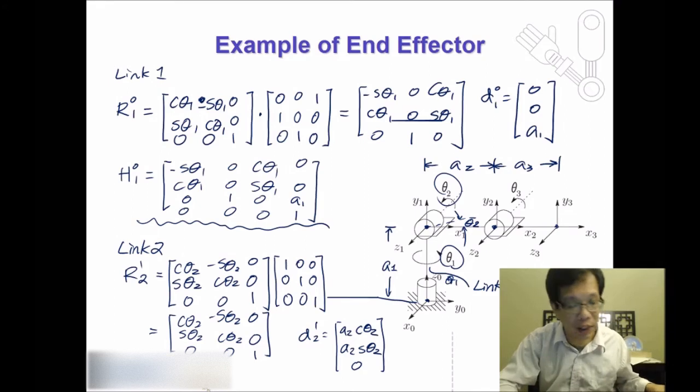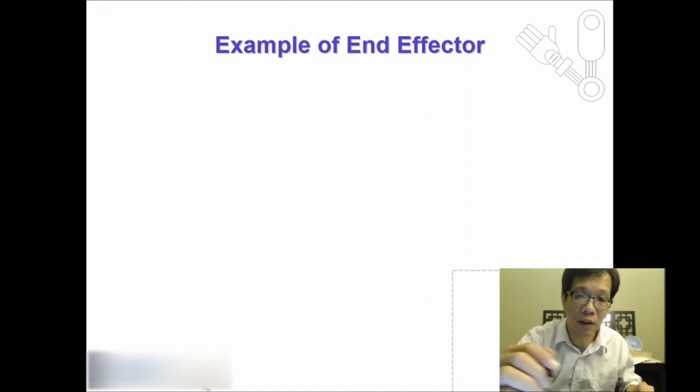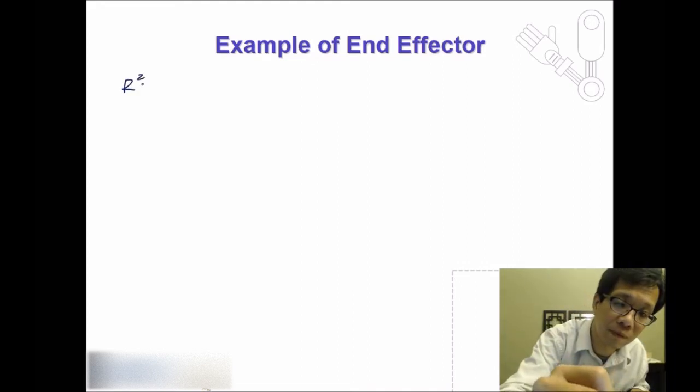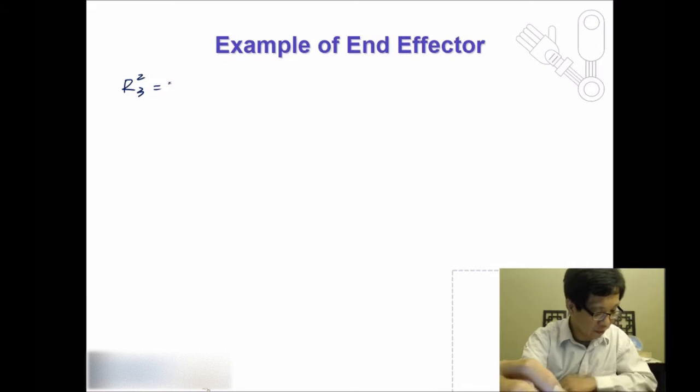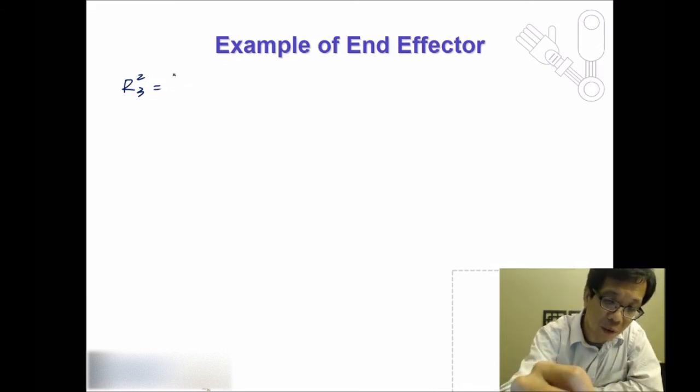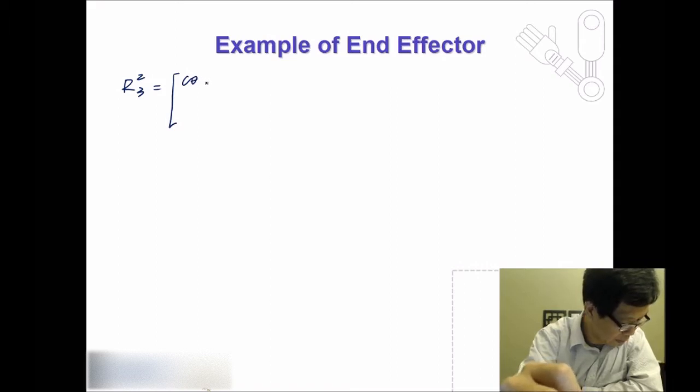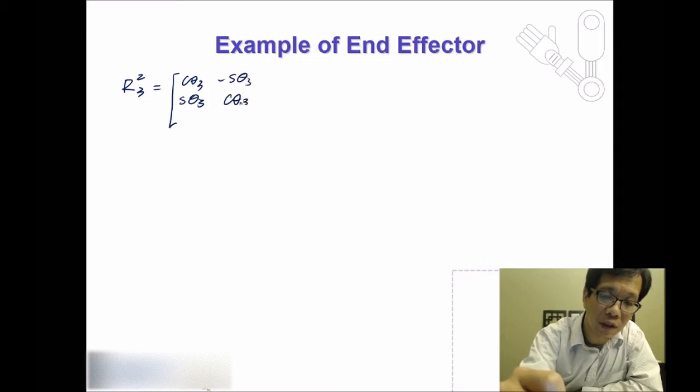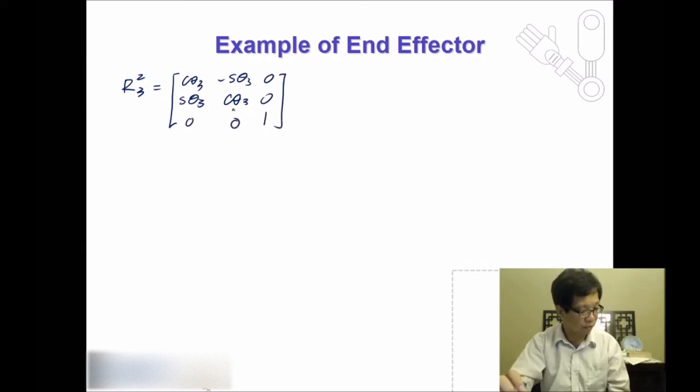Next thing we need to find out is link 3. This is pretty straightforward. We are having cosine theta 3, sine theta 3, negative sine theta 3, cosine theta 3, 0, 0, 1, 0, 0 over here.